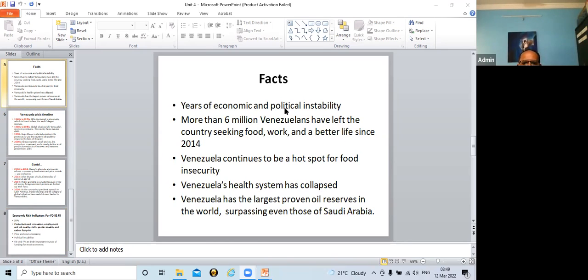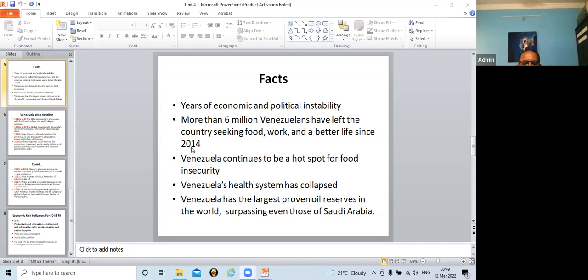Fact number one: years of economic and political instability. I have been repeatedly telling you that economic and political stability is very essential for any country going for international business. Then, more than 6 million people, I told you, have left their country just for the purpose of food, work, and a better life.